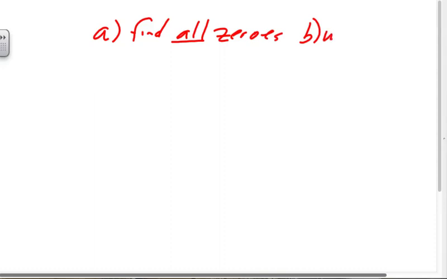The first one is we want to find all zeros and then write in factored form.